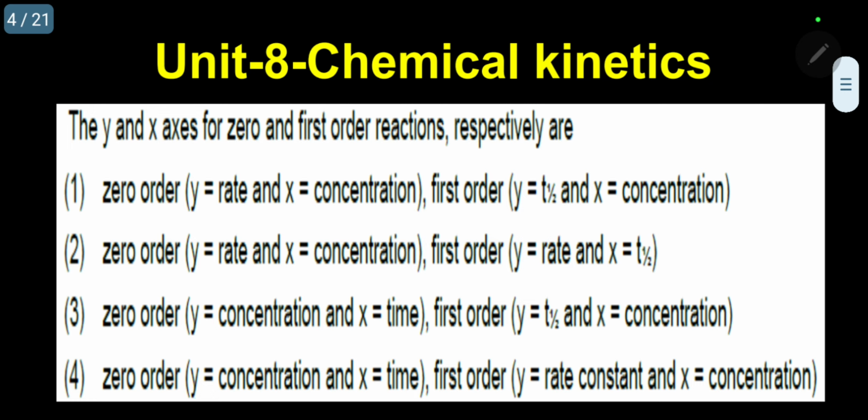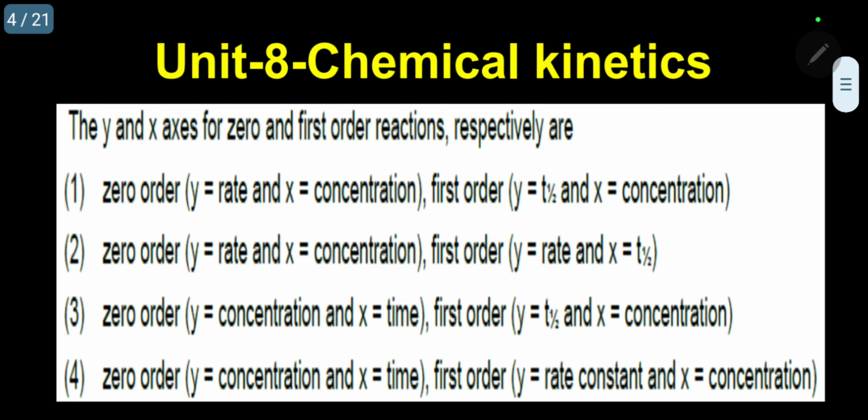1. Zero order, y equal to rate and x equal to concentration. First order, y equal to t half and x equal to concentration. Number 2, zero order, y equal to rate and x equal to concentration. First order, y equal to rate and x equal to t half. 3, zero order, y equal to concentration and x equal to time.